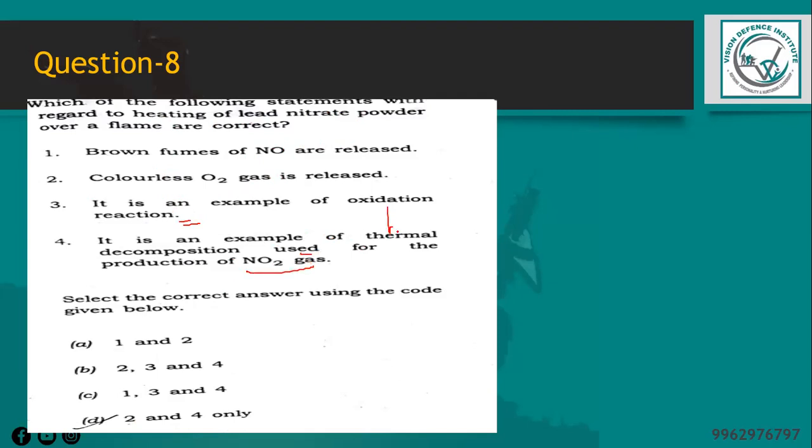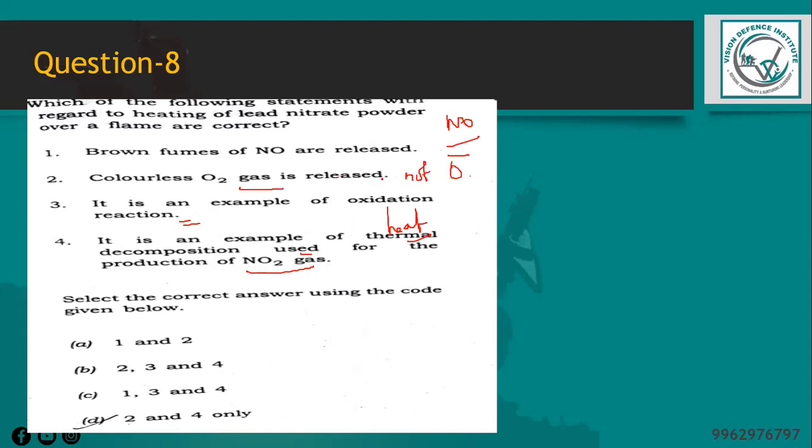Thermal is nothing but heat, right? So because we know that heating of lead nitrate powder over a flame, brown fumes of NO2 are released, not NO, right? So you should make a clear-cut idea about it. Here colorless oxygen gas is released, right?